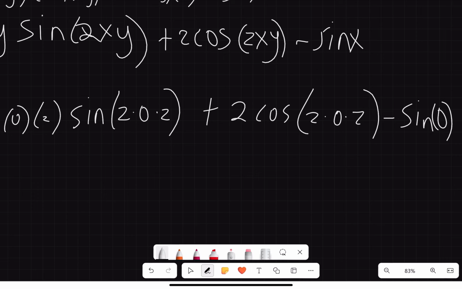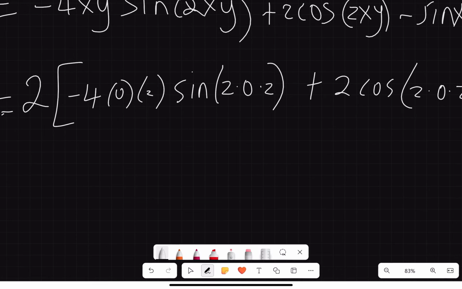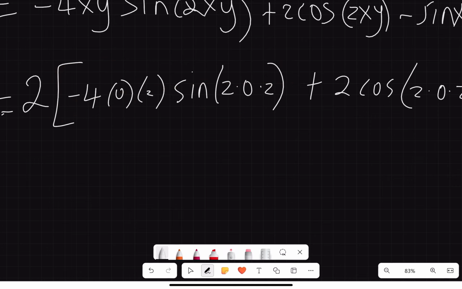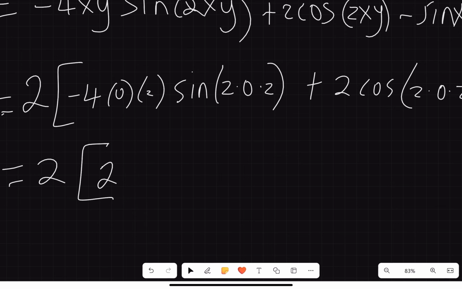All right, now let's see. This part here will be 0. Why? Because we have a 0 here, and 0 times anything is 0. So we basically have 2 in bracket, and we're going to have 2 cos 0.